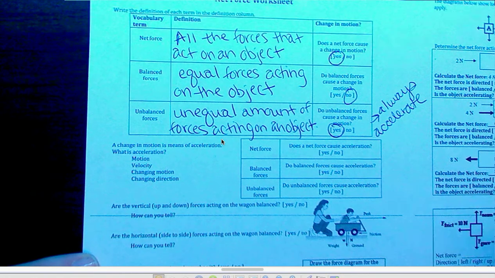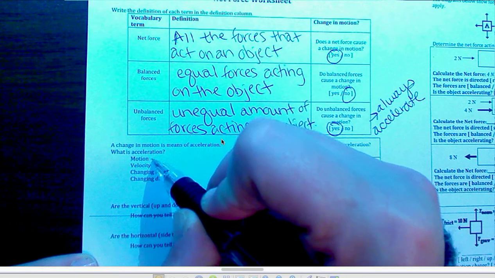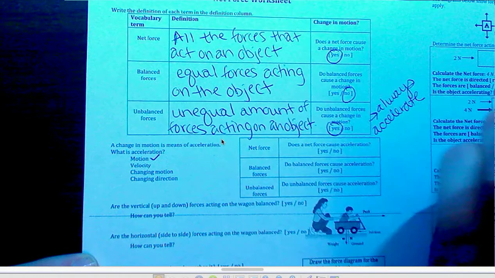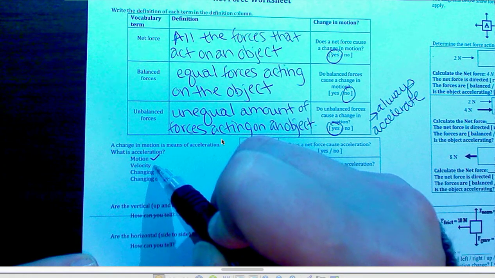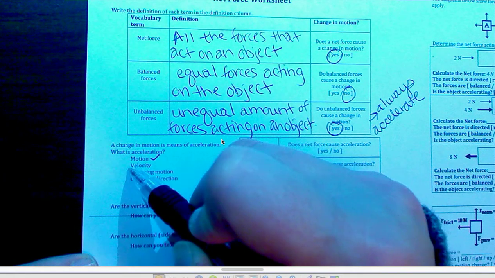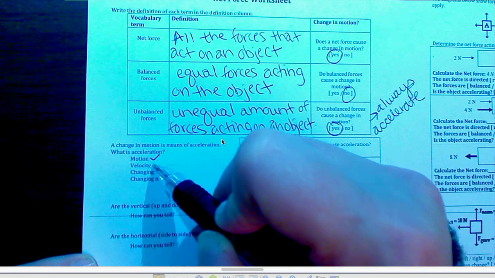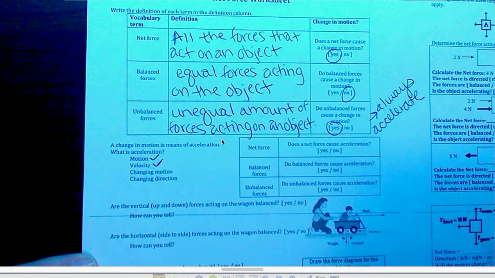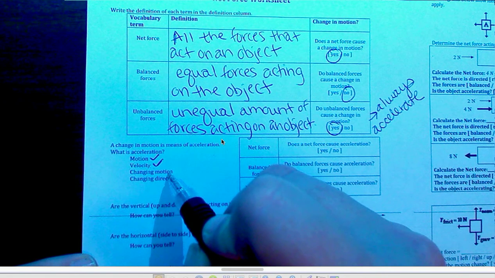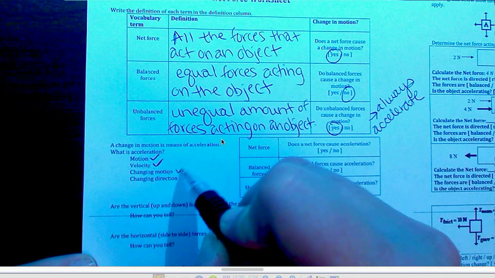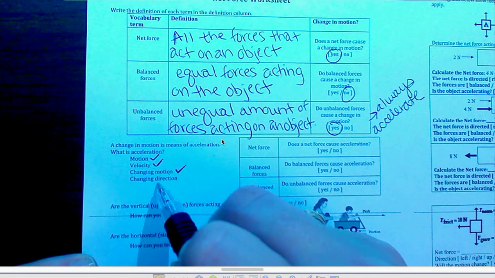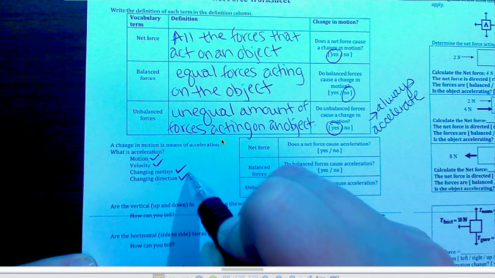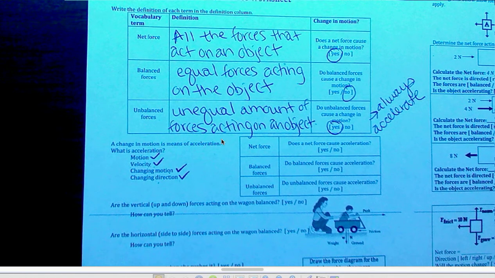What is acceleration? We've already done acceleration. Remember, acceleration is a change in speed or direction, and velocity is speed plus direction. Yes, we are changing our motion. We're speeding up or slowing down or changing direction.